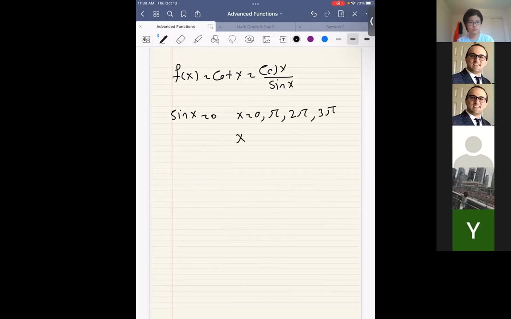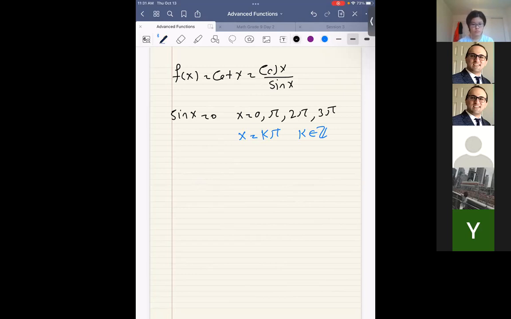In general, x equal to k times pi, any integer multiple of pi, like 1, 2, 3, minus 1, minus 2, minus 3, 5, 10. These are all zeros of sine.